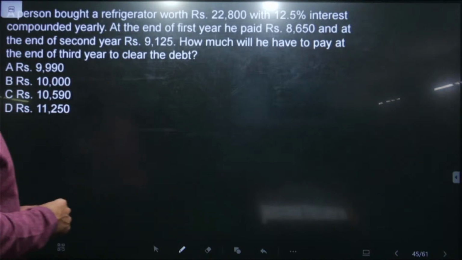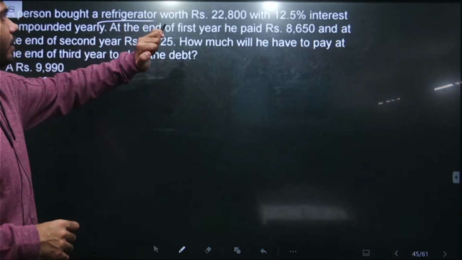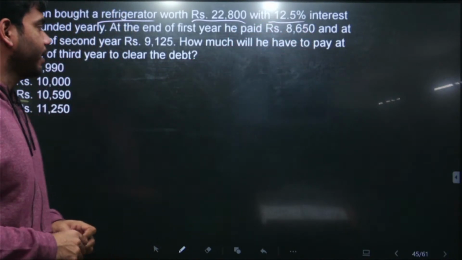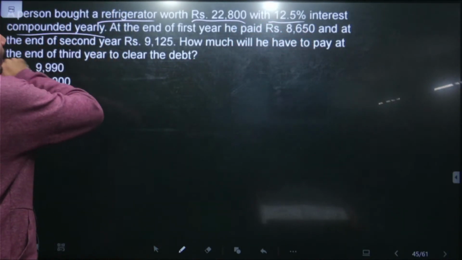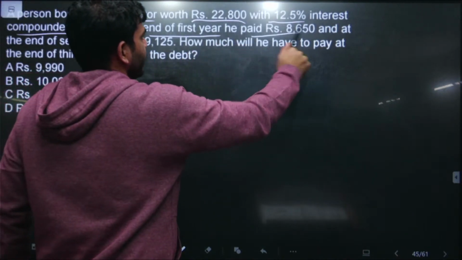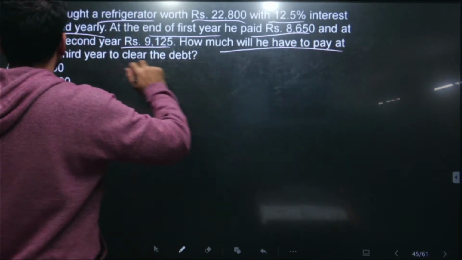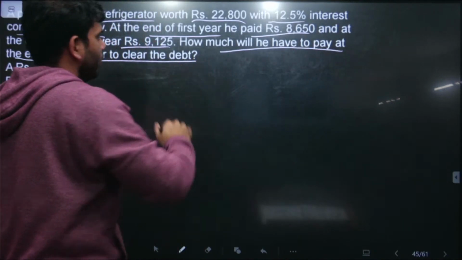This question is saying a person bought a refrigerator worth rupees 22,800 with a 12.5% interest rate compounded yearly. At the end of the first year he paid this much, and at the end of the second year he paid this much. How much will he pay at the end of the third year to clear all his debt?